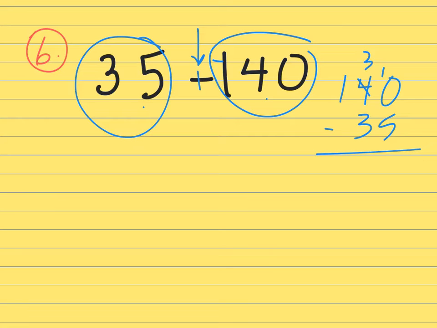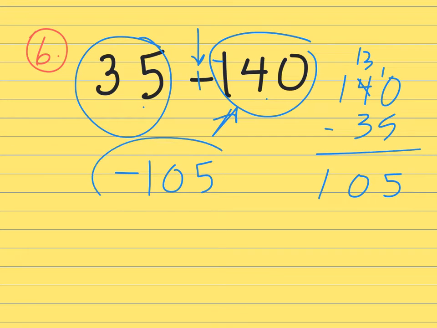So this would be 5, and 13 minus 3 is 10. So that would be 105. So the answer is going to be 105 negative because there's more value to the negative here.